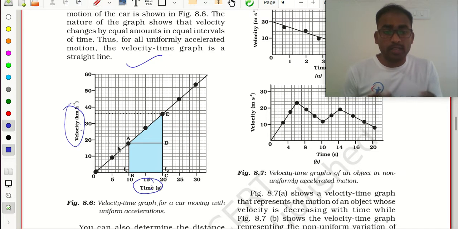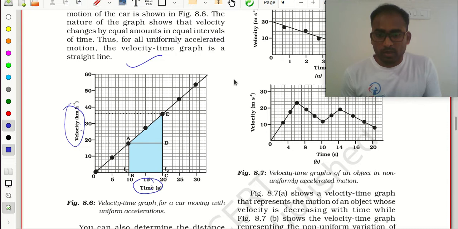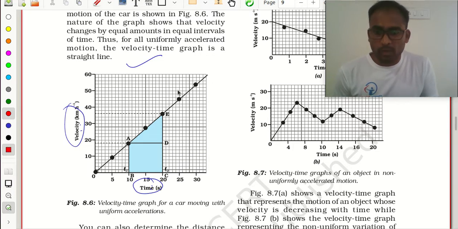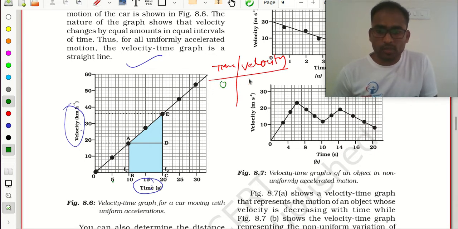Why am I telling it as uniform acceleration? The velocity is changing with respect to time. So here, just observe. If you make it in a tabular form, time and velocity. At 0 seconds, it has 0 only. Time is in seconds, velocity is in kilometer per hour.